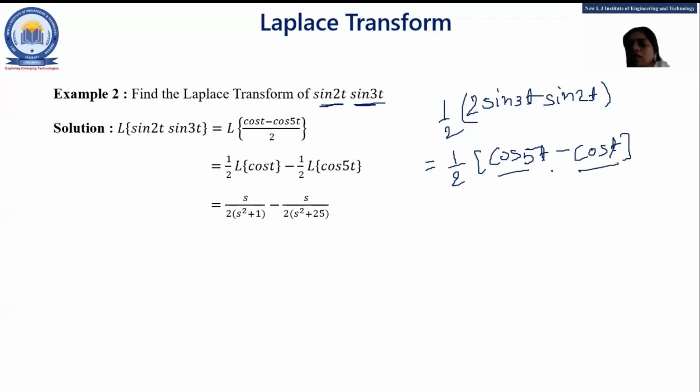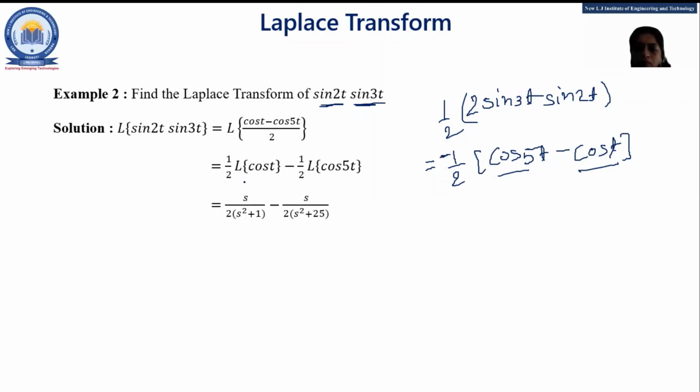Got it? So we convert sin 3t into sin 2t into cos t minus cos 5t. Now we have two different terms, cos t and cos 5t. So we apply the linearity property on that: 1/2 Laplace of cos t minus 1/2 Laplace of cos 5t.